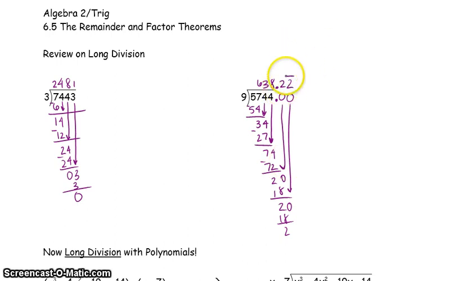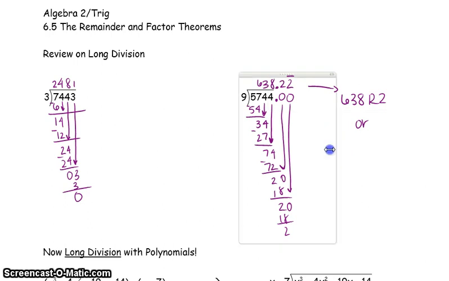But all this is saying is we can write this in 2 different ways. We can write this as 638 R2, remainder 2. So it's one way that we can write it, which you may be familiar with. Another way is we could say 638, and since we had 2 left over, we were dividing this whole thing by 9, we are left with 2 9ths left, okay?